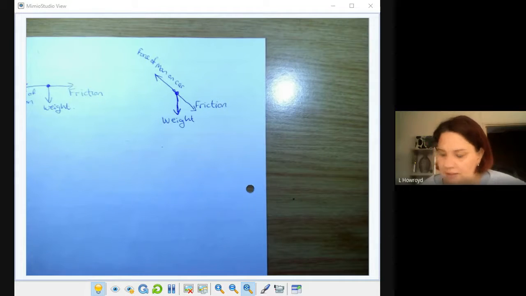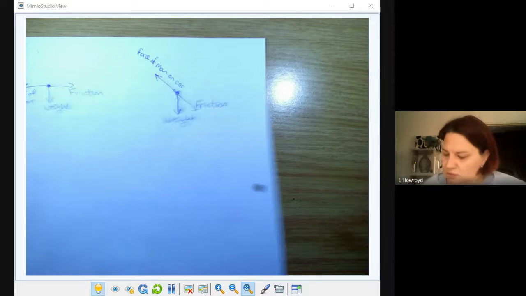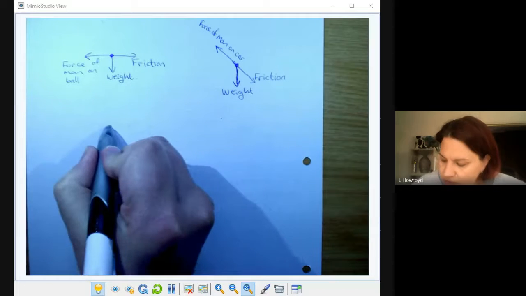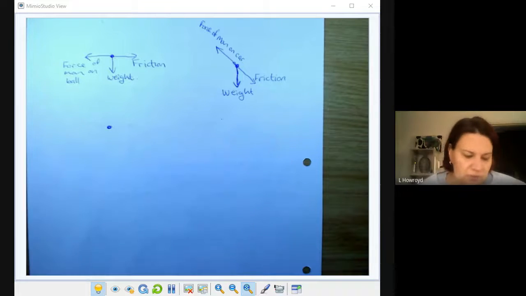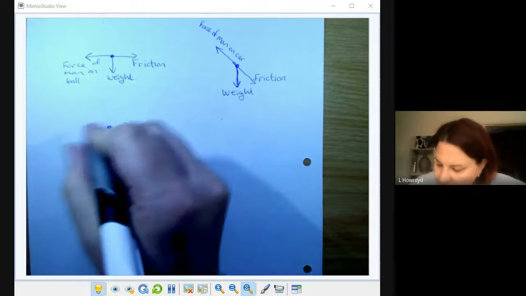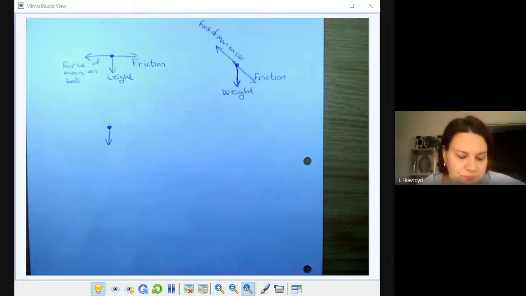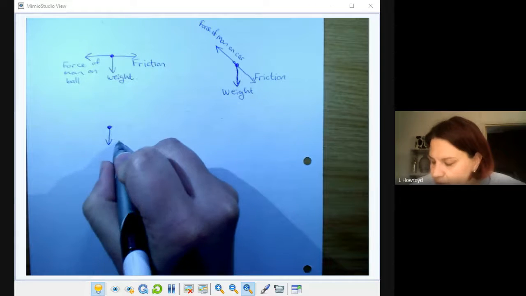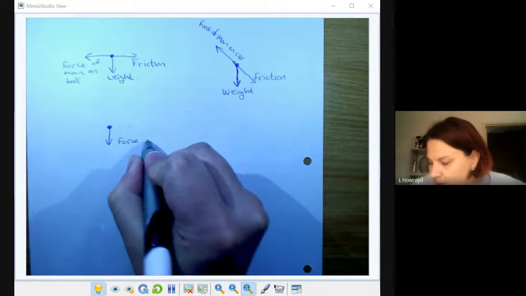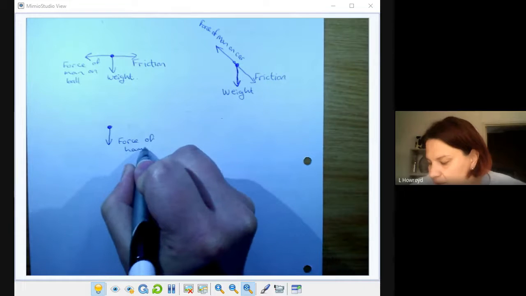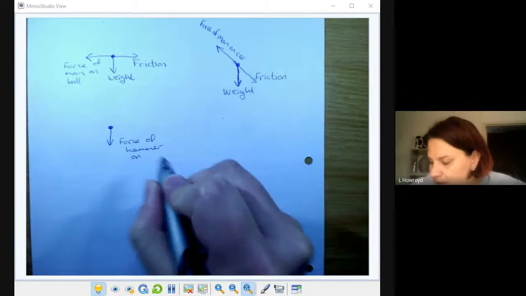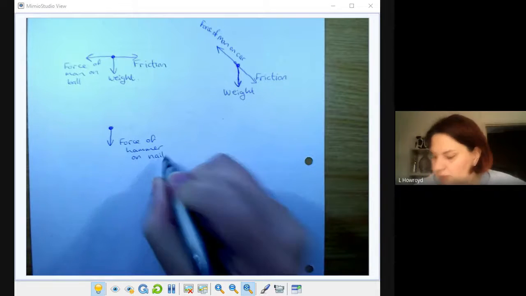Okay, and then the last one, which I asked you to do, was the nail. So here we've got a nail, and obviously the hammer is pushing into the ground, into the wood. So we've got the force of the hammer on the nail.